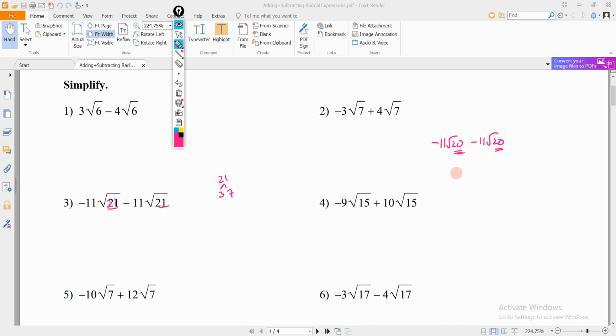But because they're the same, right off the bat, I don't really need to simplify them. I could do that. But no program or test will we want to write that way because radical 20 isn't simplified. So if your radicals are identical but not simplified, you can still do the addition or subtraction of the numbers out front. However, 21 is fully simplified already. So -11 minus 11 is -22, and then radical 21.